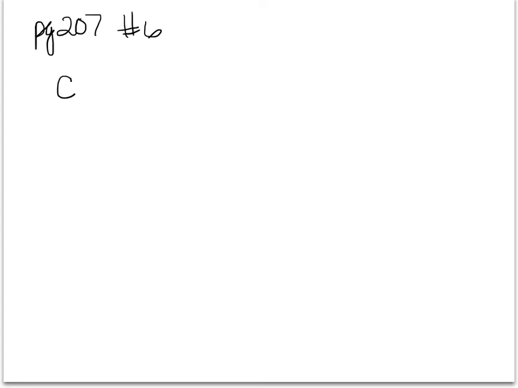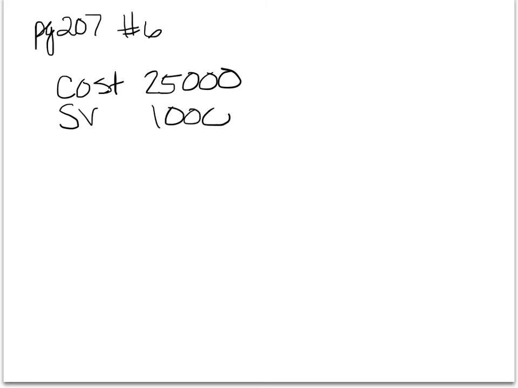So the cost of the cab is $25,000. The cab has an estimated salvage value of $1,000, so we plan on driving that cab quite a bit, and it is expected to be driven for approximately 120,000 miles over 5 years. Wow, that's a lot of driving.